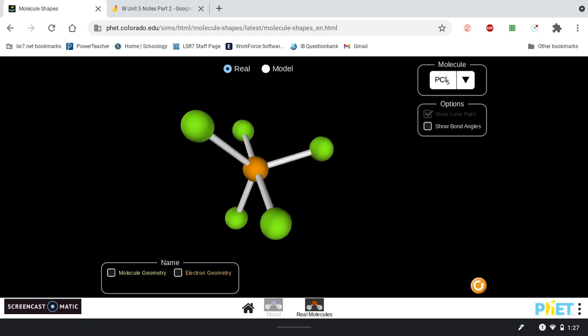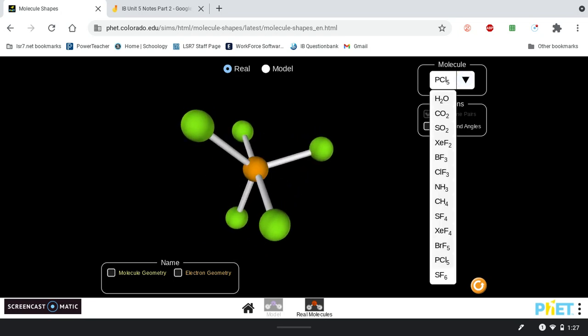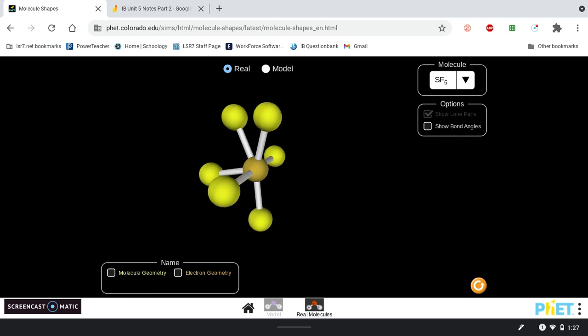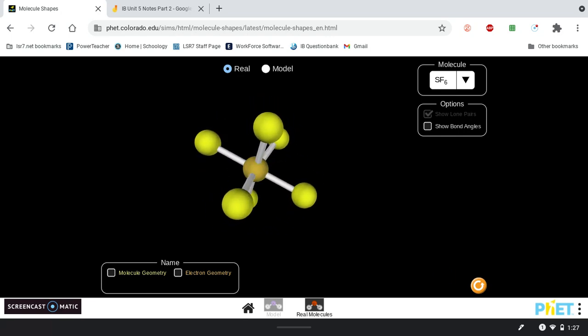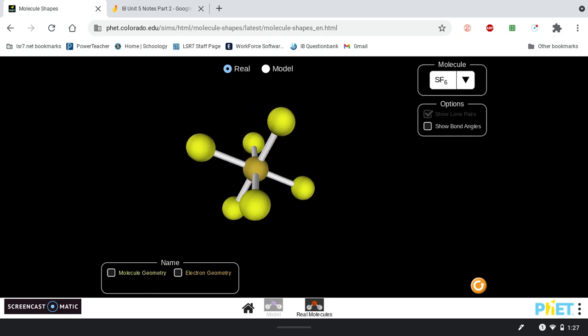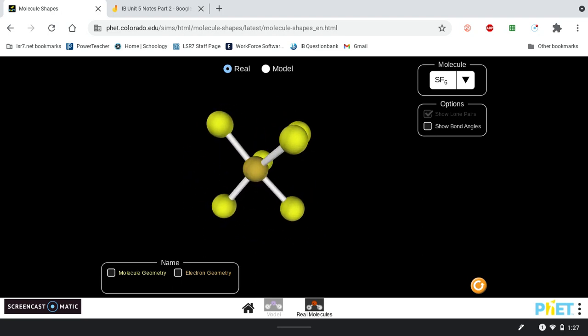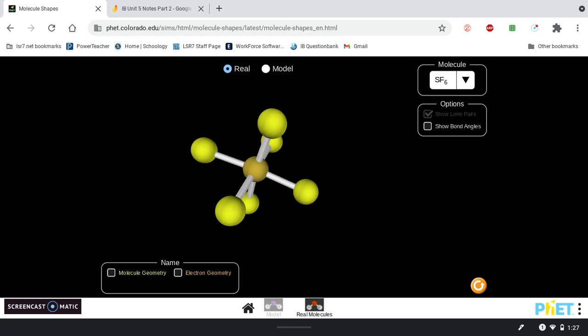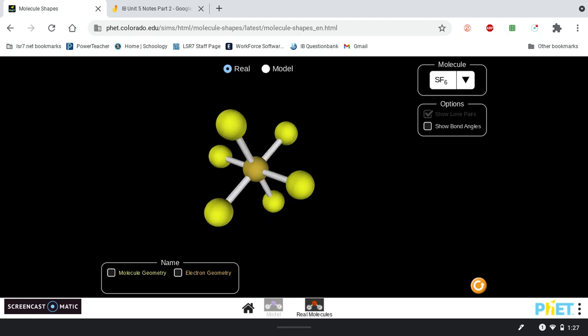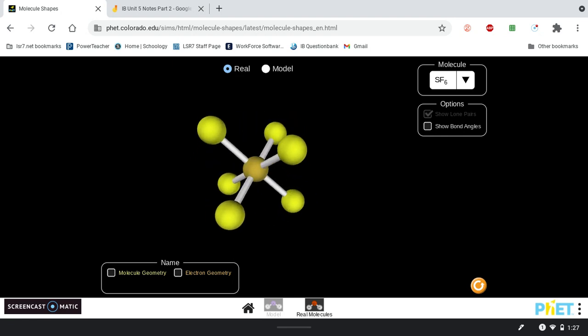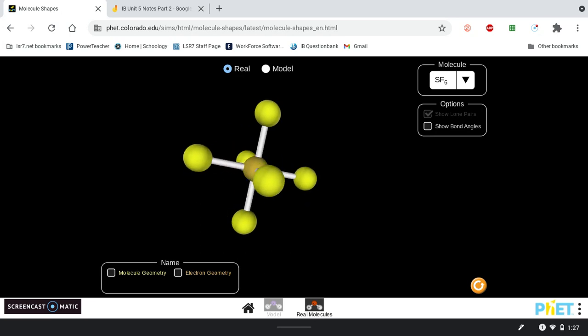You can't put them next to each other. And we'll end here with our octahedral. Once again, when I put them next to each other, they repel. So that whole idea of repulsion: I can put this element wherever I want, but these electron domains are going to repel and go back to where they were. So there's your octahedral.